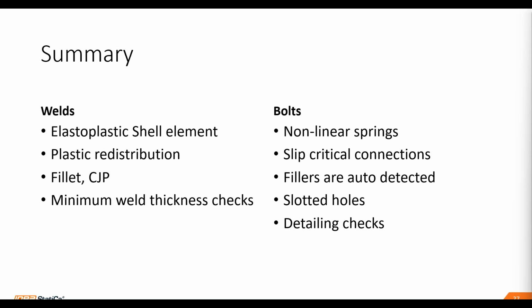And then for bolts, we use nonlinear springs to model them in IDEA StatiCa. We can select slip critical connections. Fillers are auto-detected, so you don't have to do anything about that. We can select slotted holes, and we have detailing checks also for bolts based on AISC.